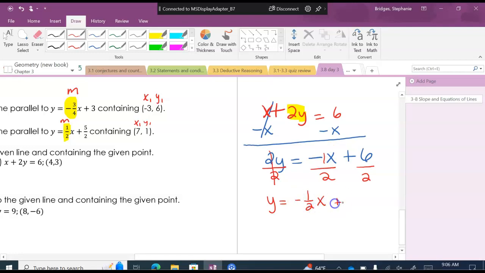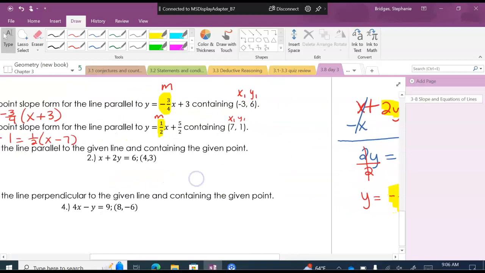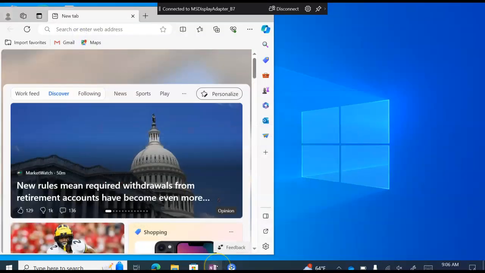And then 6 divided by 2 is 3. So now that I have my equation solved for y, can I tell what slope to use? Yep, what is the slope? Negative 1/2.